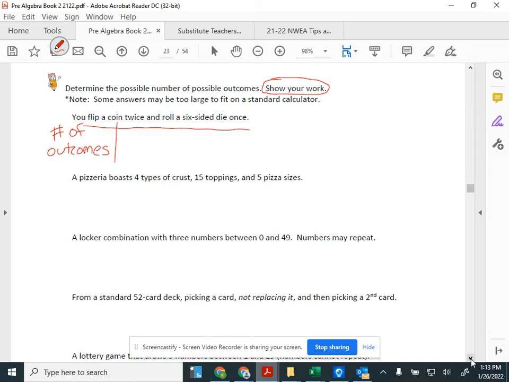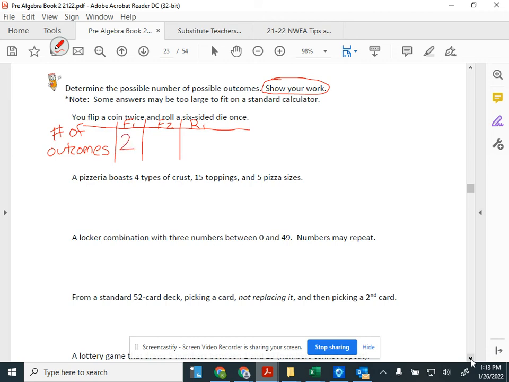And let's figure it out. You flip a coin twice and roll a 6-sided die once. So I'm going to flip once. I'm going to flip twice. And I'm going to roll once. How many possible outcomes are there from flip 1? 2.